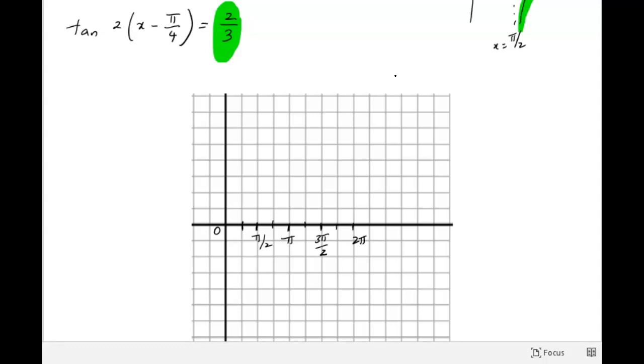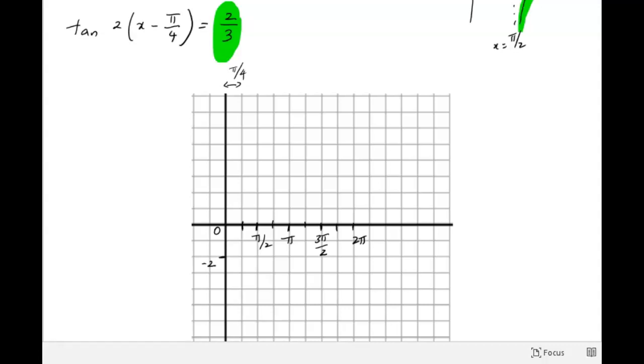Each value being my horizontal shift, in other words pi on 4 units. So each box on the x-axis is pi on 4 units. There's a vertical shift of -2, so we're going to have a vertical shift of -2. So there we go.